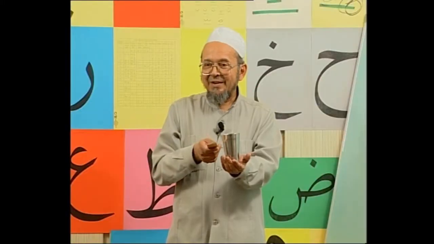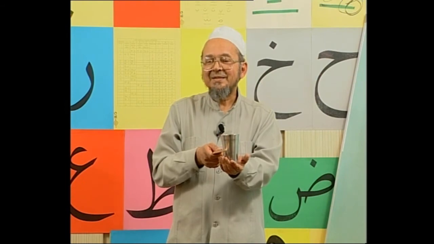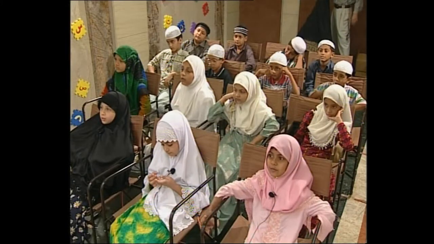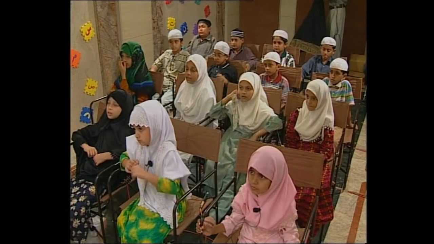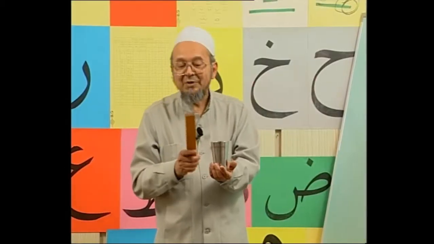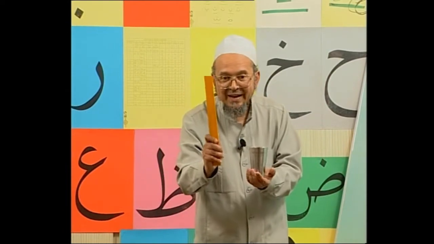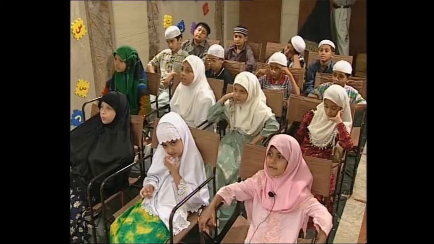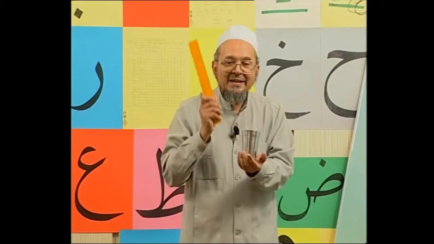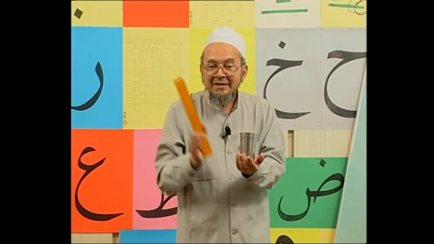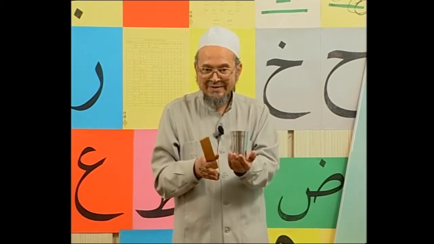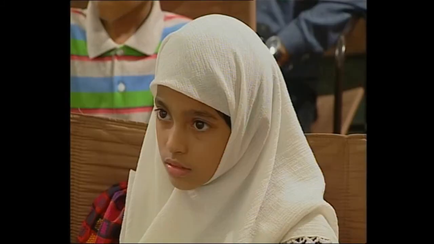The ruler moved and hit the glass. Then what happened? A sound came. Now what happened? You see, the ruler has its own sound, and then the glass has got its own sound. And then these two sounds were combined together.